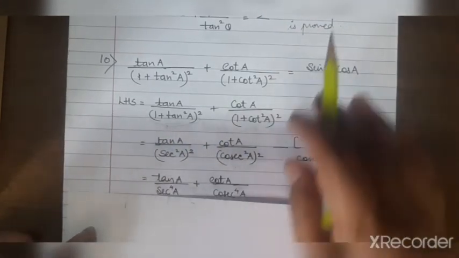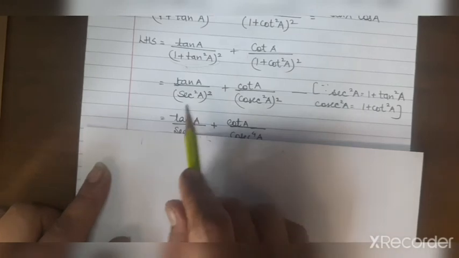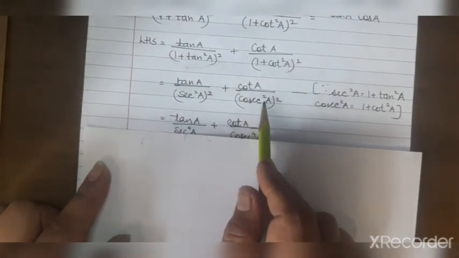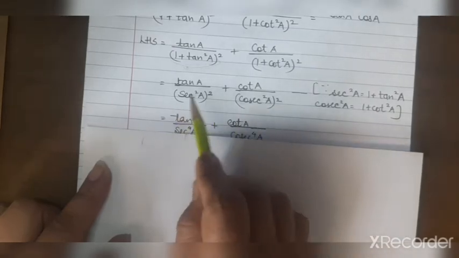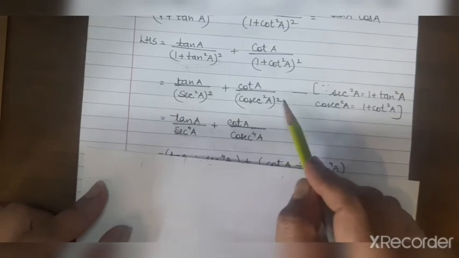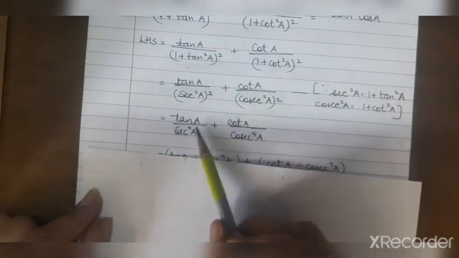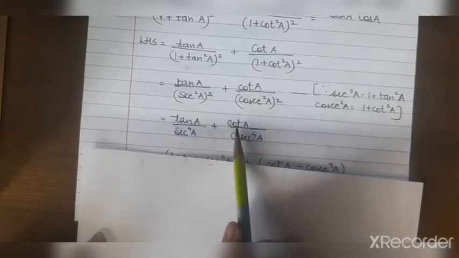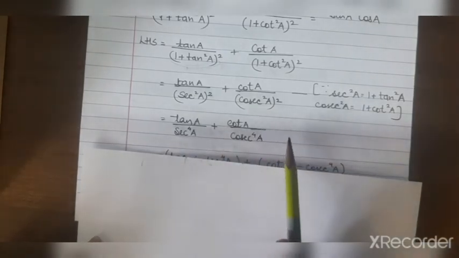So now what we get is tan A upon sec square A the whole square plus cot A upon cosec square A the whole square. Indices you have studied, this 2 into 2 becomes 4, 2 into 2 becomes 4. So we have got tan A upon sec raised to 4A plus cot A upon cosec raised to 4A.